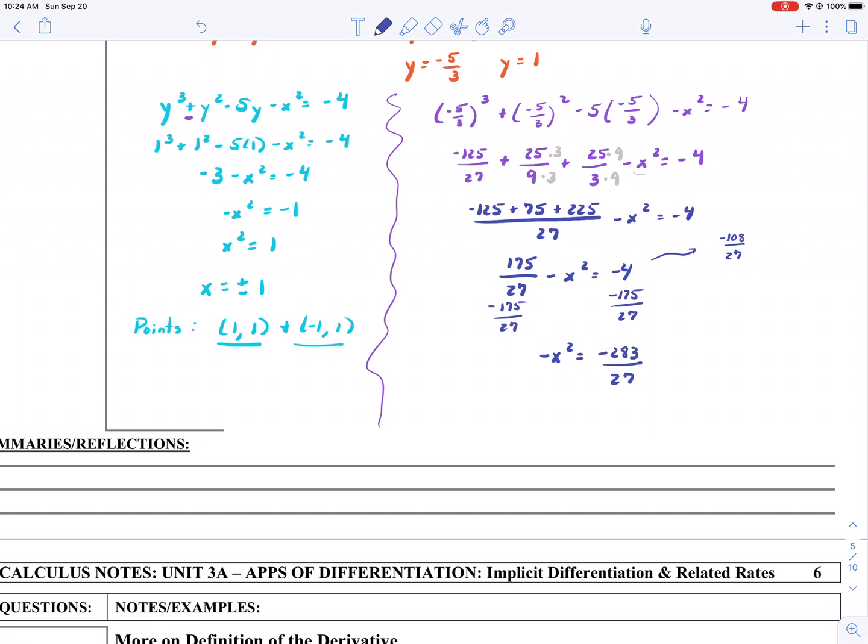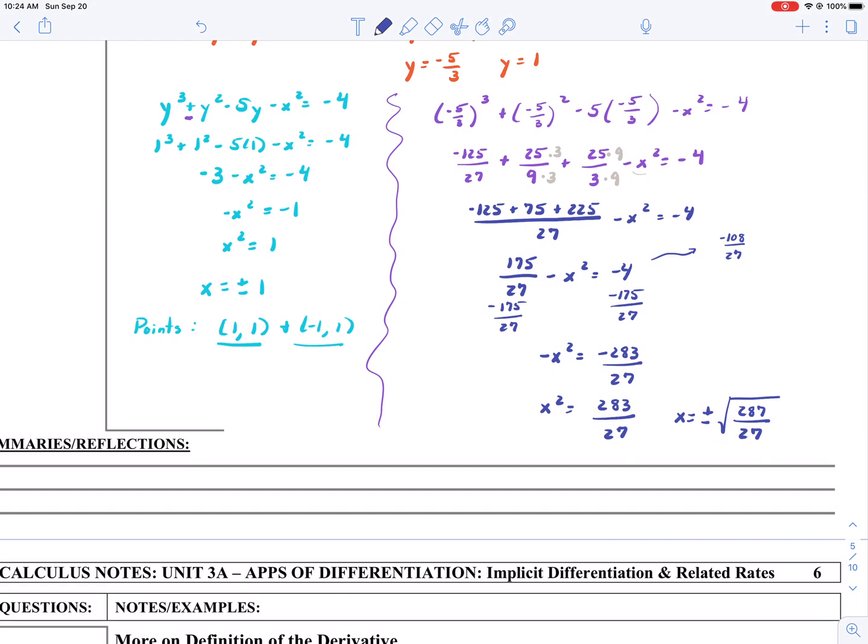That is negative 108 minus 175 is what that is. So again, they're both negative. So this is what I've got, right? So x is equal to the plus or minus root of 287 over 27.